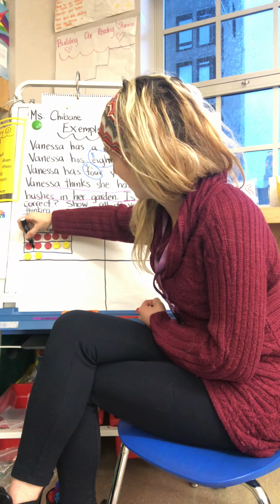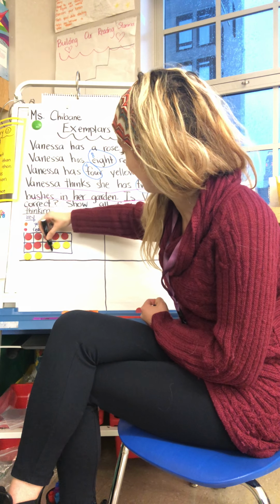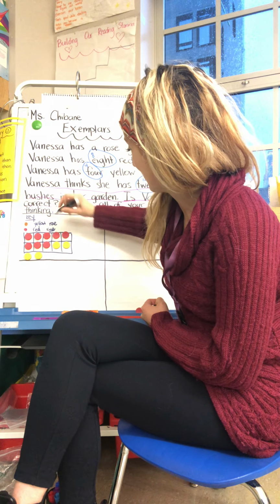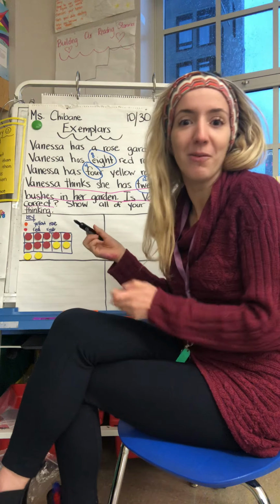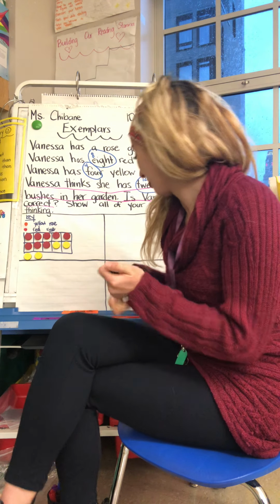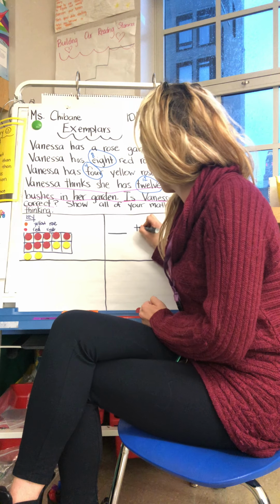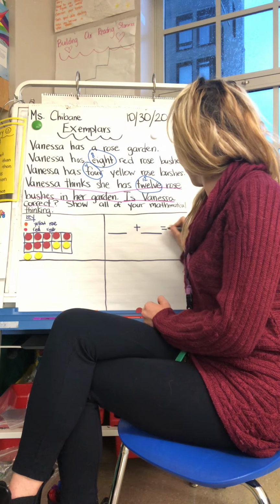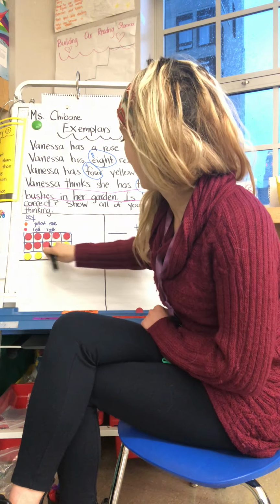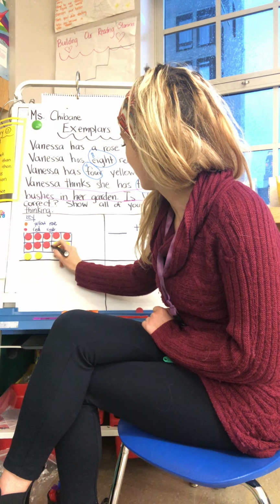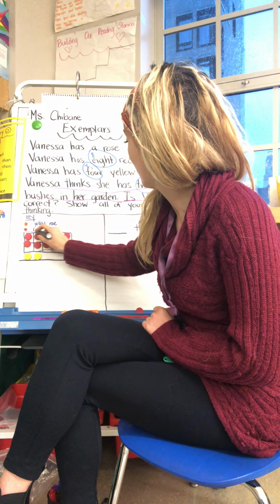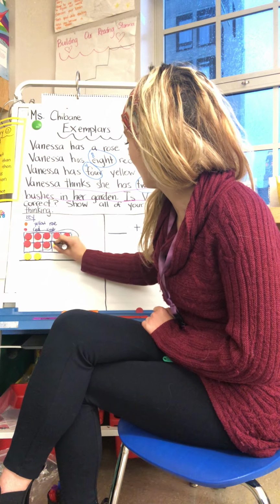Right now, I'm using the manipulatives to help me, but my manipulatives aren't going to stay on that paper, right? And I want to show my work. I have to make sure I write my math fact. So, 8. I see 8 over here. Plus 4.